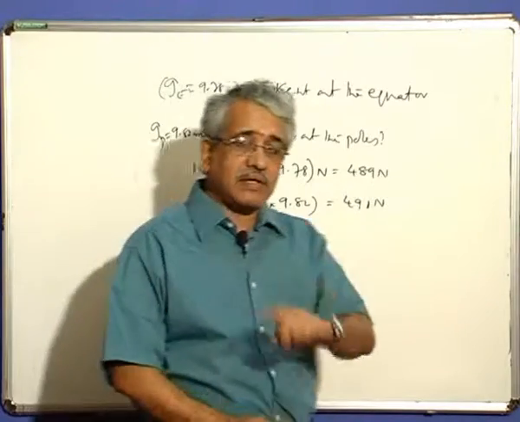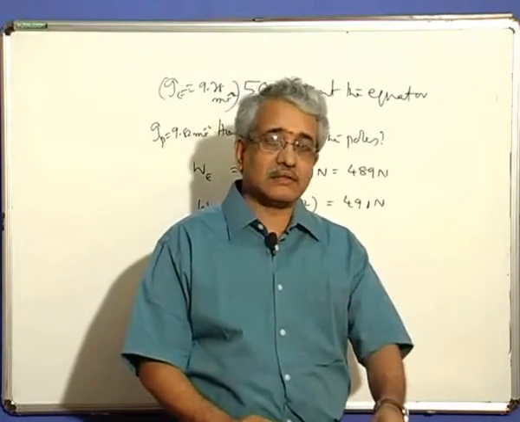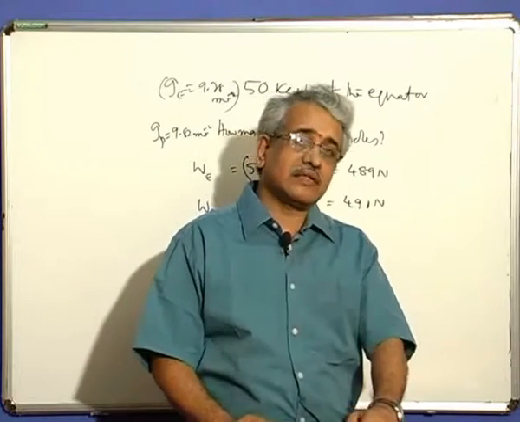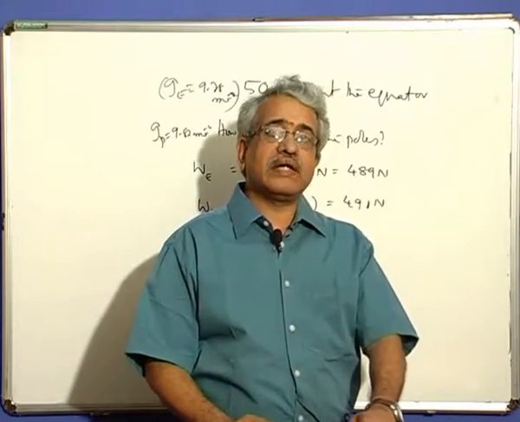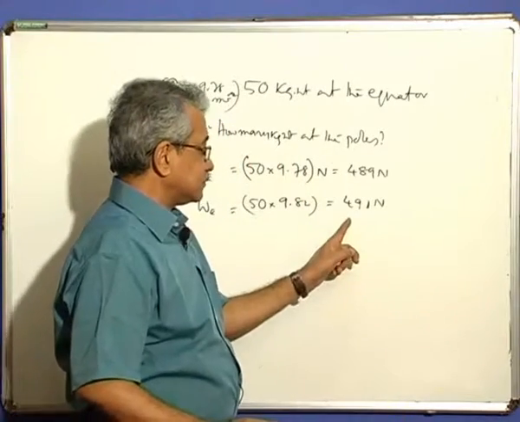This weighing machine is calibrated at the equator. You take it there. What will the reading show there? It will show a reading equivalent to this weight.